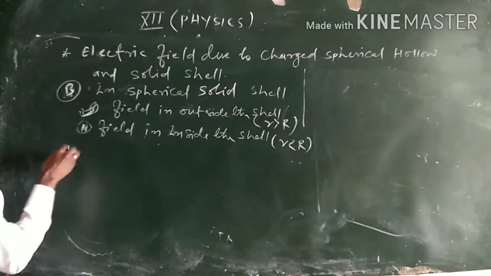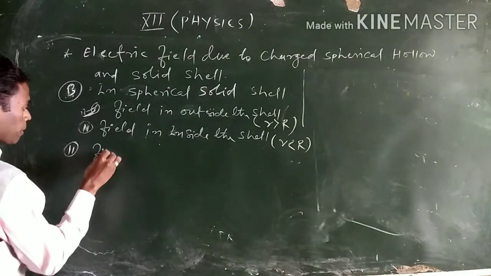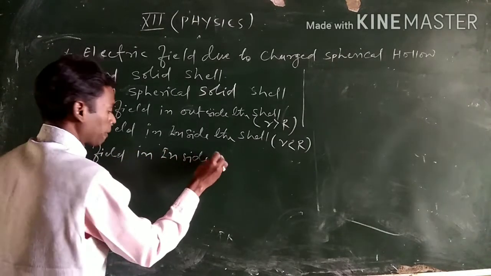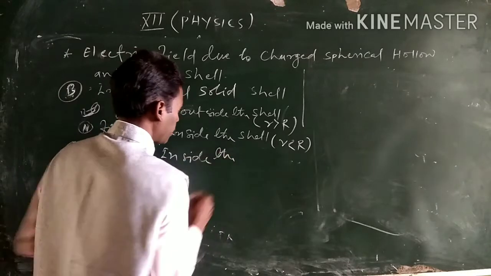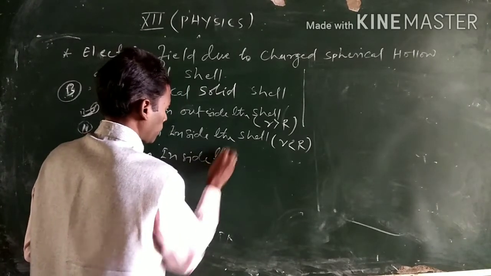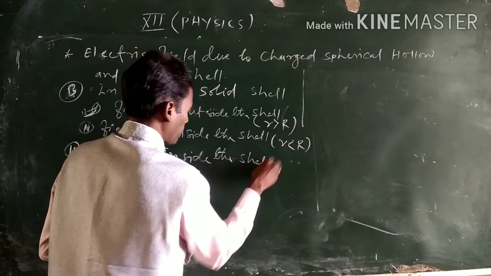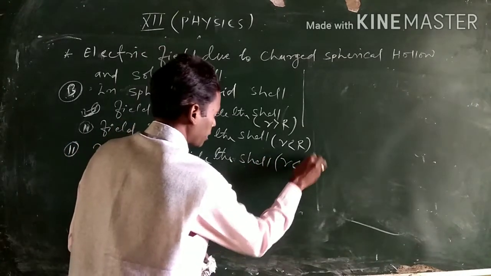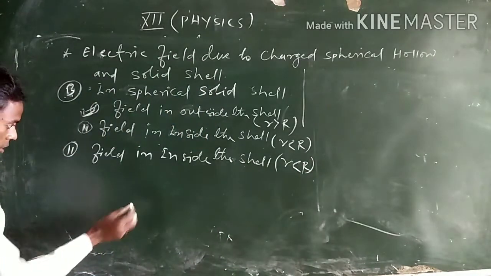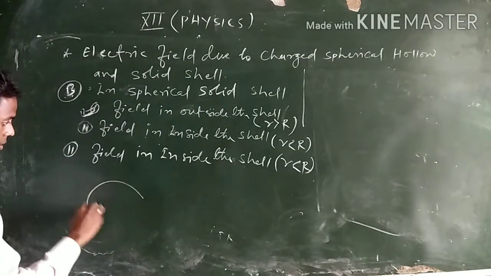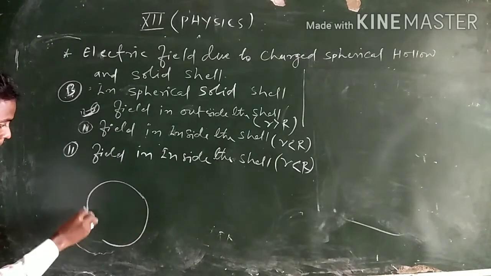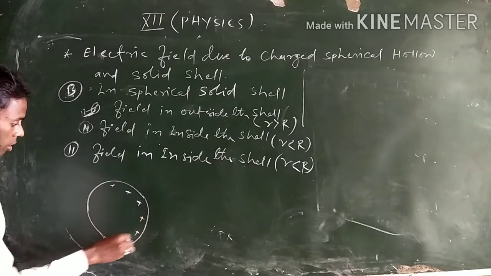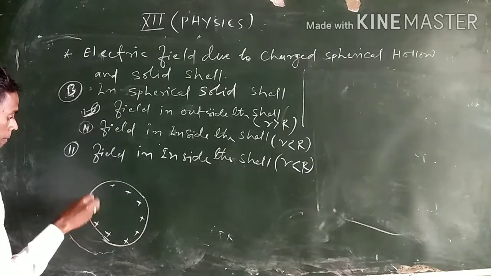In this second case, our field inside the shell, then the condition is small r will be less than capital R. We have to take over here. This is our shell, having the charges distributed over here like this.